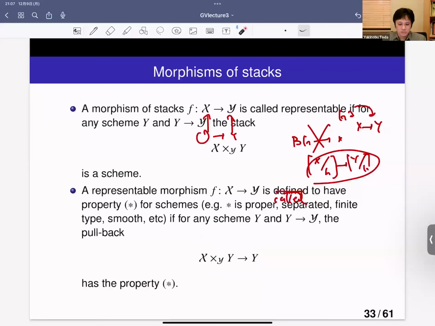So this makes sense because of the definition of the representable morphism: this is again a scheme, and this is now a map between schemes. So the notion of proper, separated, or so on makes sense for this morphism.